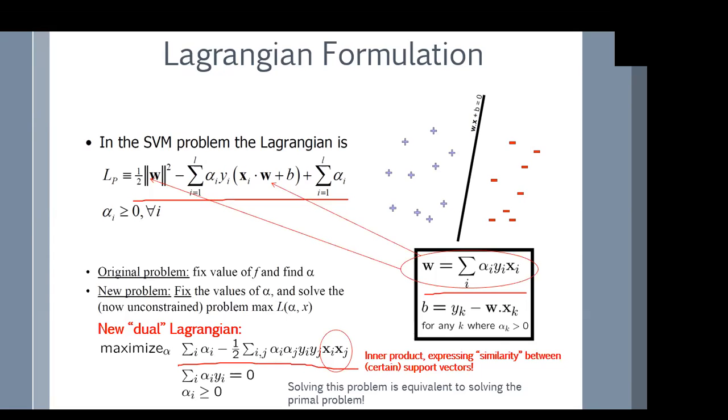I make a step from the direct problem to the so-called dual problem. In the original problem, I suppose that the value of the Lagrangian functional is fixed, and I need to find some Lagrangian multipliers.